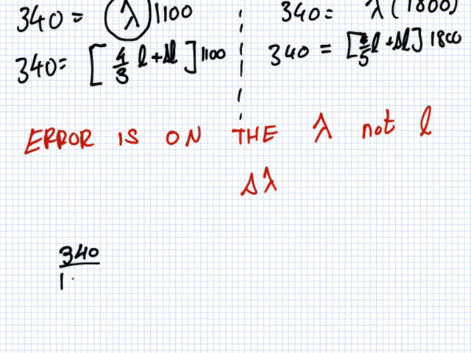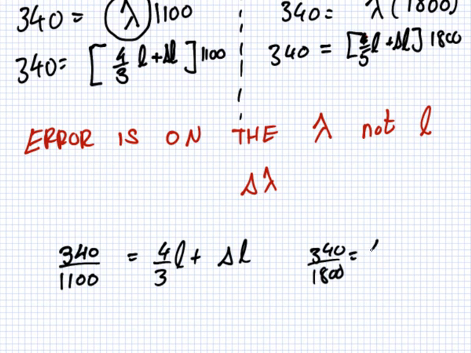That over that equals this, and this over this equals this. Look, there I go again. Delta lambda.